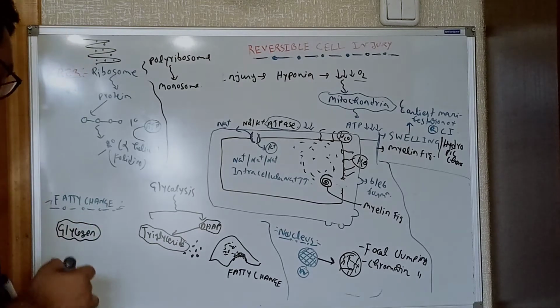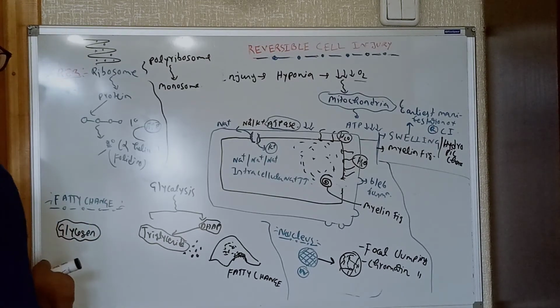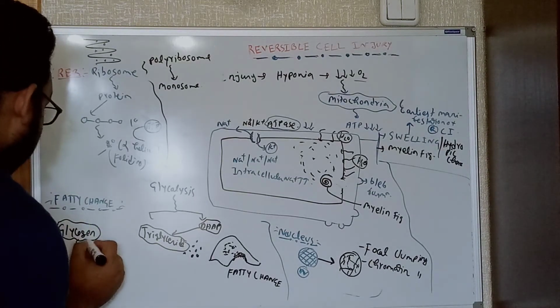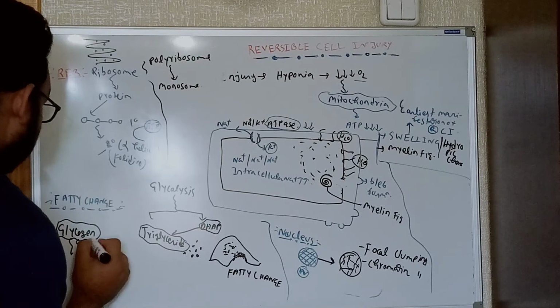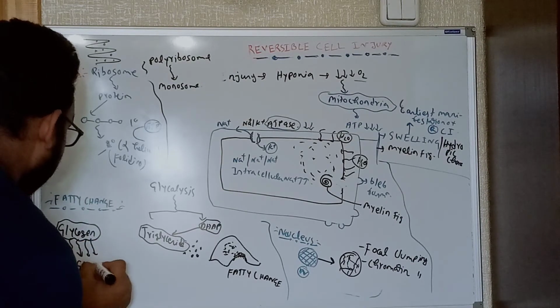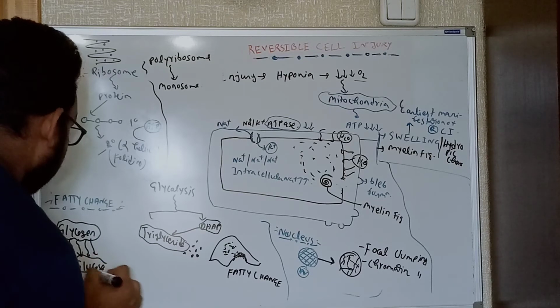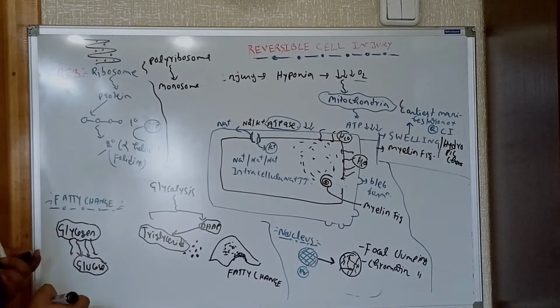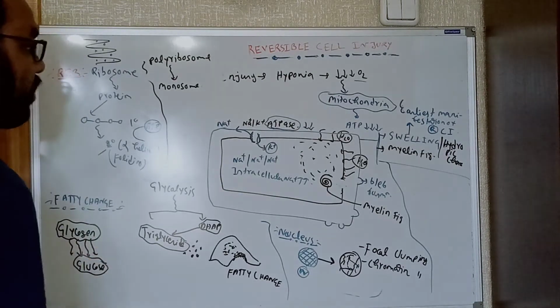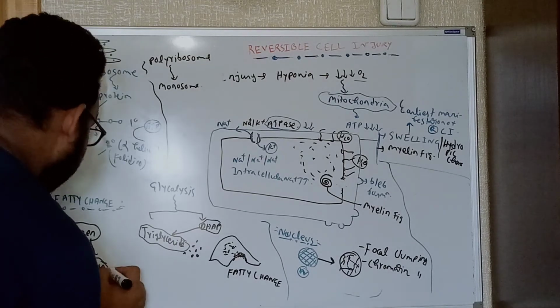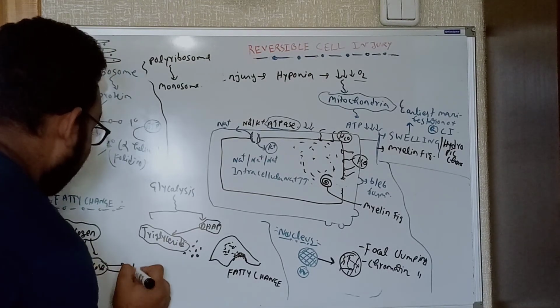Now this glycogen will get broken down and converted into glucose, no problem here. Now as there is deficiency of oxygen, there will be no process within the mitochondria. So this glucose will get converted into lactic acid.